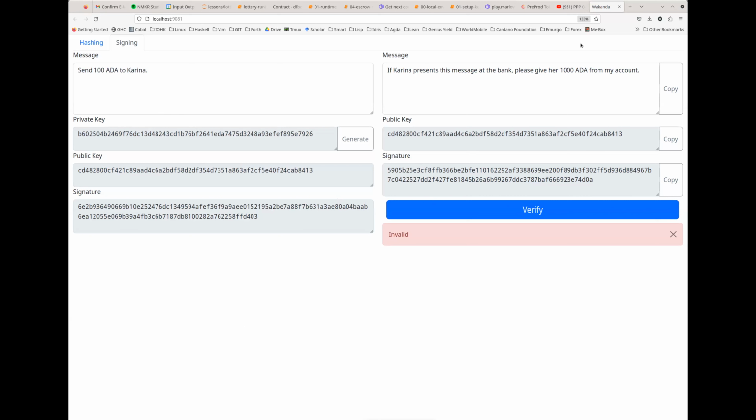So you need all three parts to verify. You can't recreate the signature. If you could, it would be useless, because then you could just sign on my behalf. So you need the signature as input for the verification. That's just how these algorithms work.